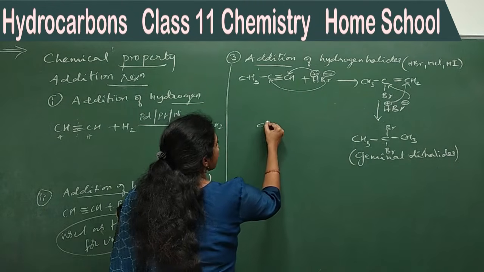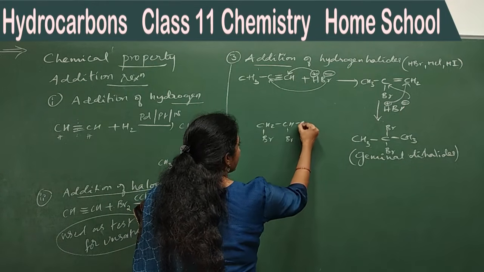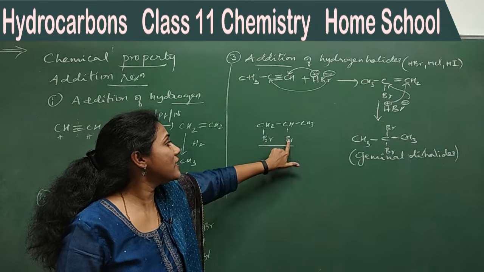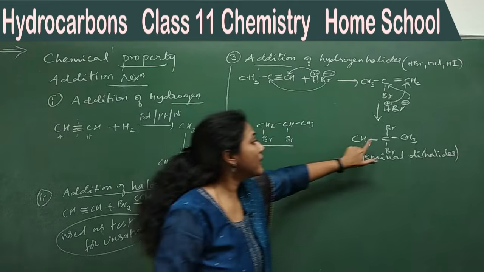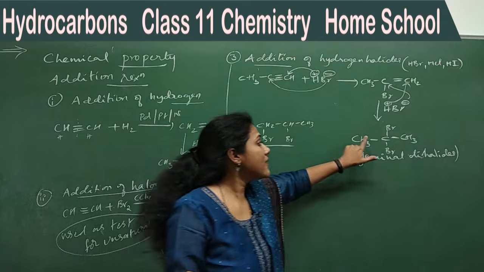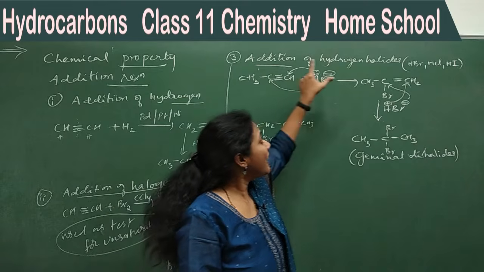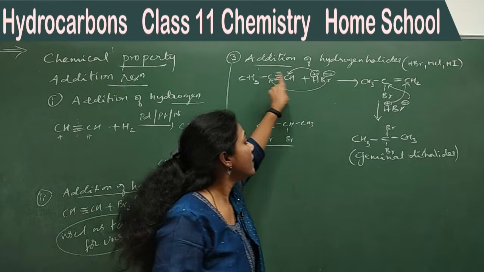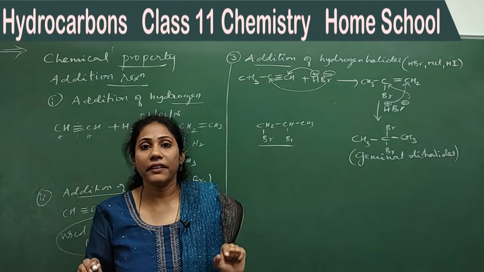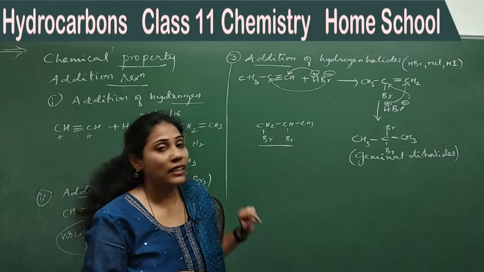Say if this was the case, CH2Br, CHBr, CH3, this is called a vicinal dihalide because the two halogens are on adjacent carbon atoms. But here both halogens are on the same carbon, so we call such compounds geminal dihalides. So when you add hydrogen halides to an alkyne, you will always get geminal dihalides. This is very, very important. This is one addition reaction of alkyne.